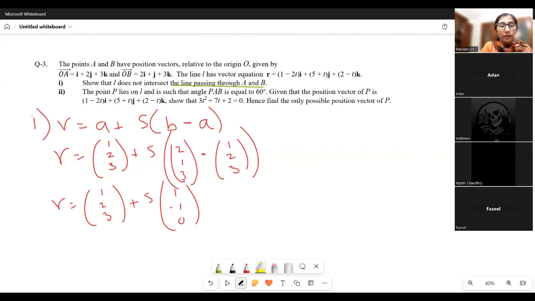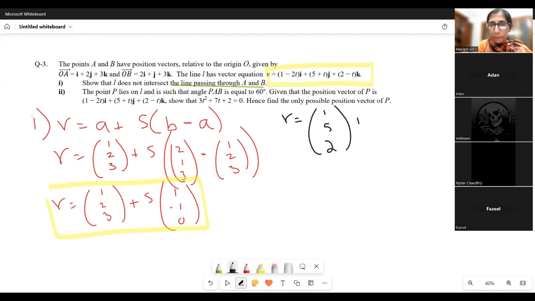Now you have to show that these two lines do not intersect. First thing you should check is, are they parallel vectors? They won't be, but let me just break this down. So this would be (1, 5, 2) plus t times (minus 2, 1, minus 1). Let me just confirm. Yes, okay.